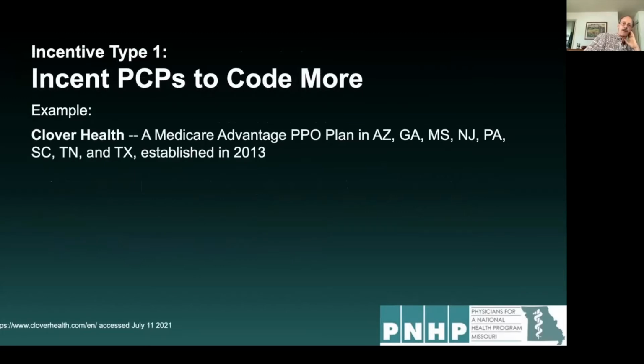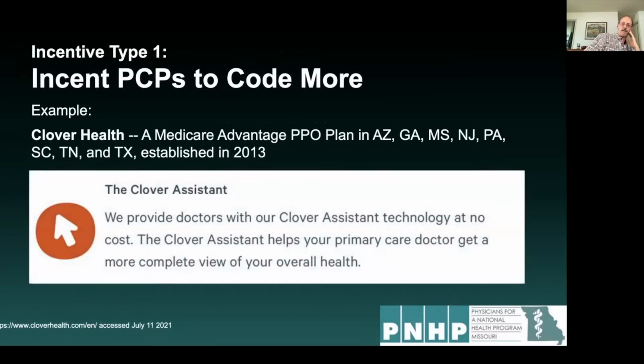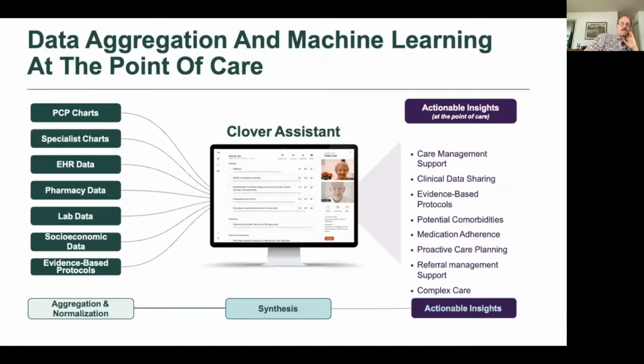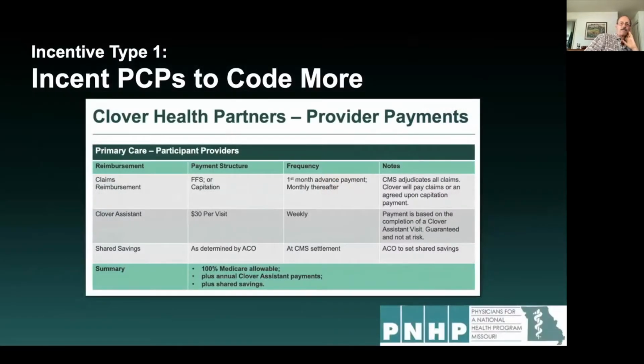An example is Clover Health, a Medicare Advantage PPO in multiple states. They provide doctors with their Clover Assistant technology for free to help them code better. This is their marketing.